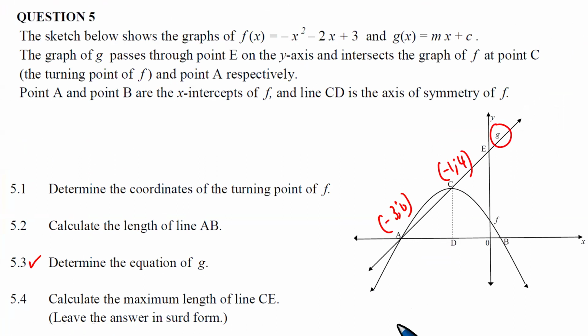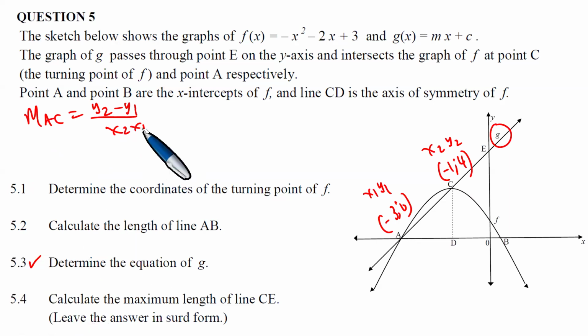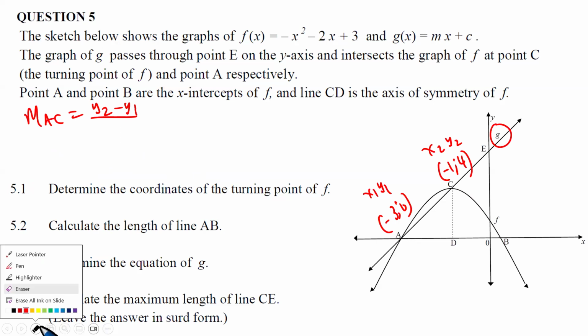what we are going to do is find the slope, using x1, y1, x2, y2. So you find the slope: y2 minus y1 over x2 minus x1.